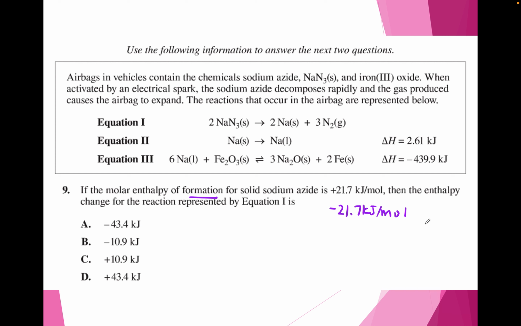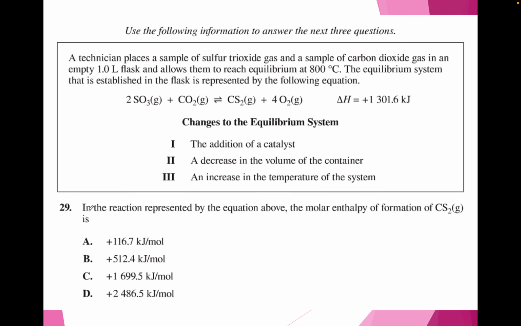Now, all molar enthalpies for formation represent 1 mole being formed. Here, 2 moles are being decomposed. So you'd want to take this value and multiply it by 2. And that gives you your answer as A. So this is not quite Hess's law completely, but we're getting there. We're just kind of leaning into it.